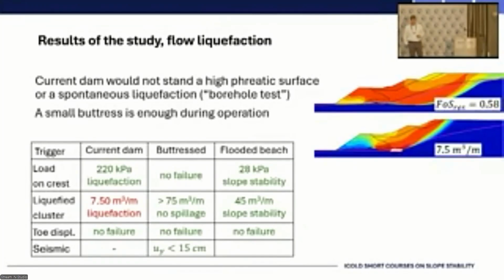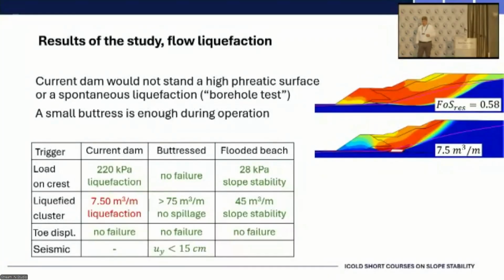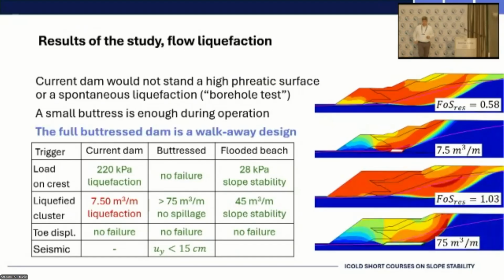Okay, then a small buttress, very small compared to the final one, is enough to satisfy the risk tolerance during operation. And if we do build this big full buttress here, we end up with a residual factor of safety of 1.03.